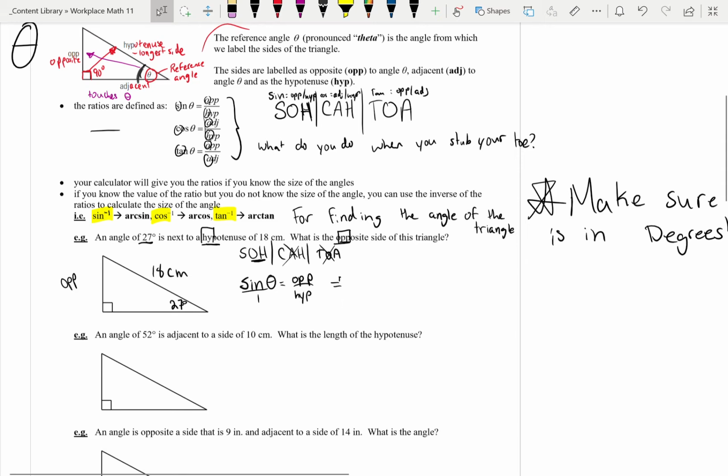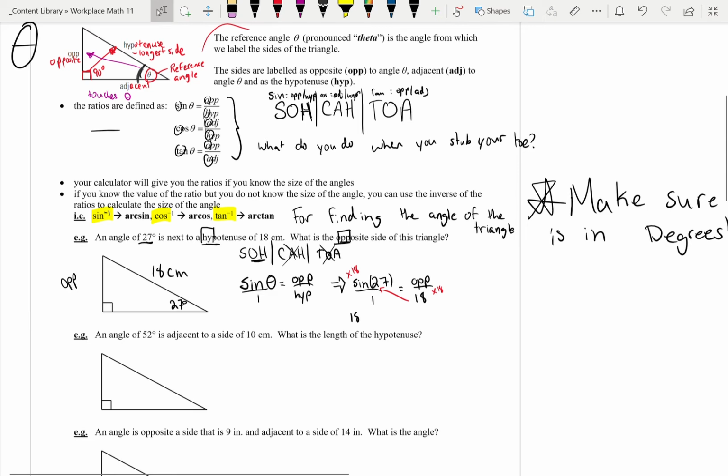So looking at this, plugging in some values, I have sine of 27 degrees over 1 is equal to, I don't know what opposite is, over 18. So my trick here is I'm going to multiply both sides by 18 to bring it up. So I'm cross multiplying this up.